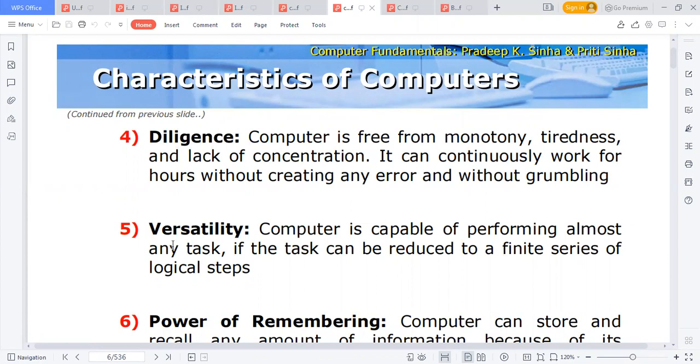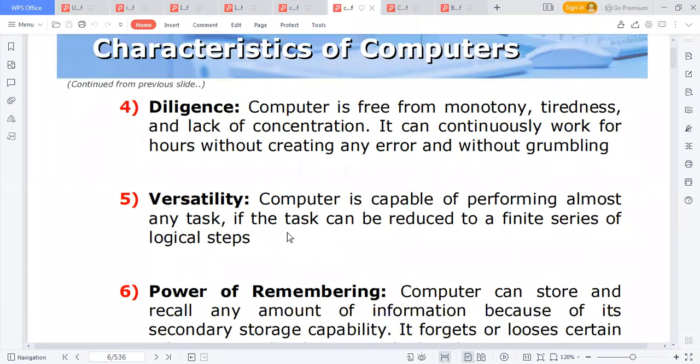Okay. Now versatility. Versatility is another important characteristic of a computer. A computer is capable of performing almost any task, if the task can be reduced to a finite series of logical steps. If you give any instruction in a valid way, then it will be carried out.